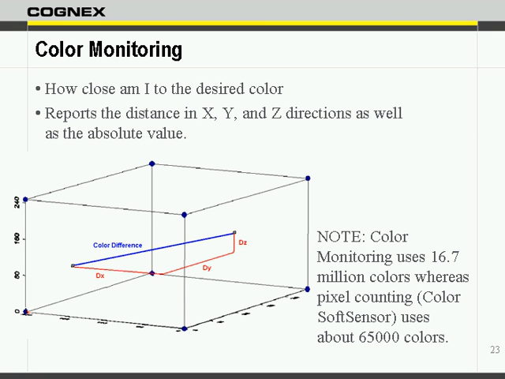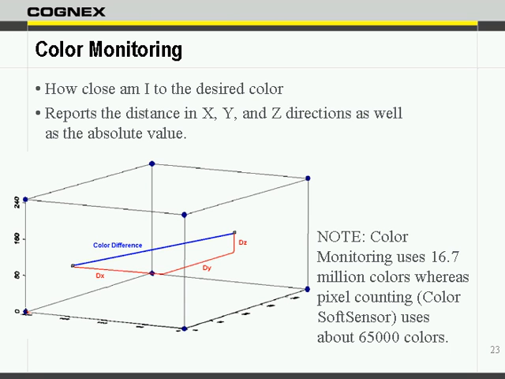But once we have the red, green, and blue model learned, the output of that color tool from that point on will be the distance, the difference in three-dimensional space between the learned color and the current color, the actual color that is being presented to the camera at that point.